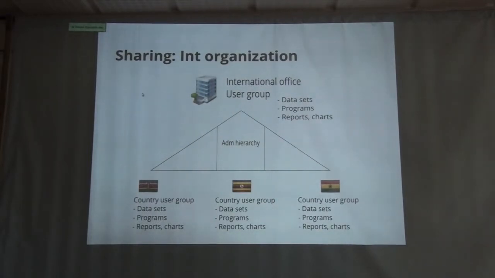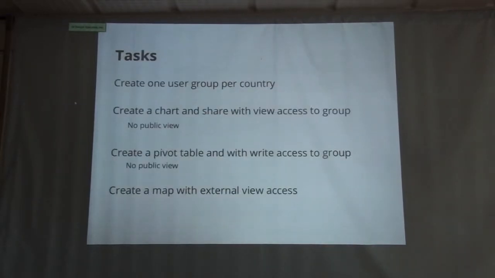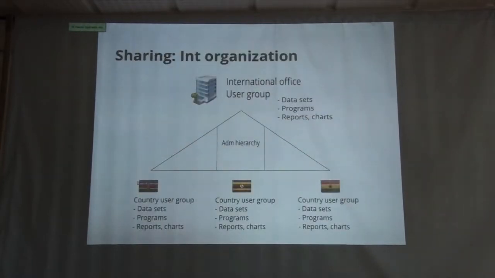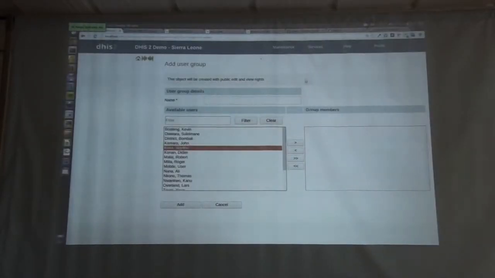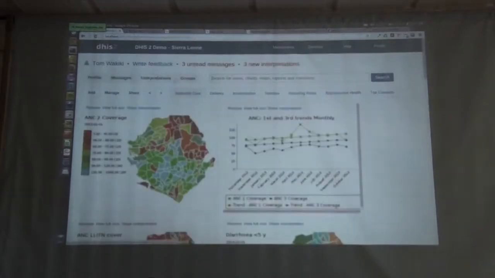So, it's time to show you a little bit. We're now going to have a task. I'm going to show you how this works. In this case, I'm just going to demonstrate by creating a user group. So I'm coming to the dashboard, I'm coming to groups.